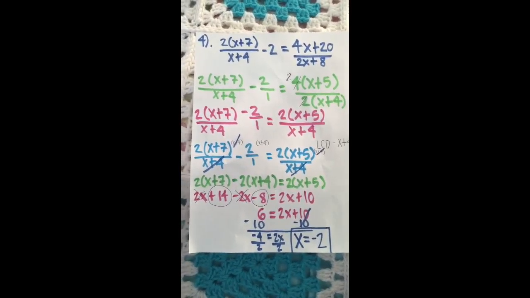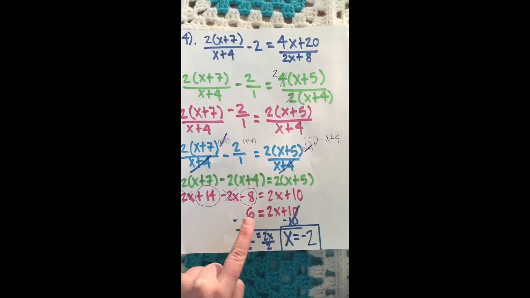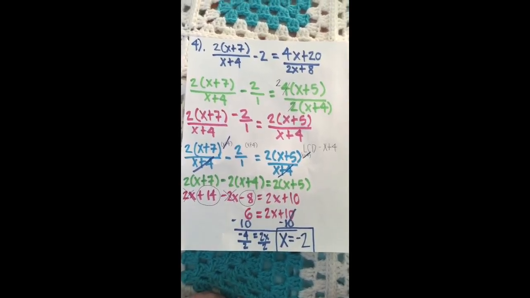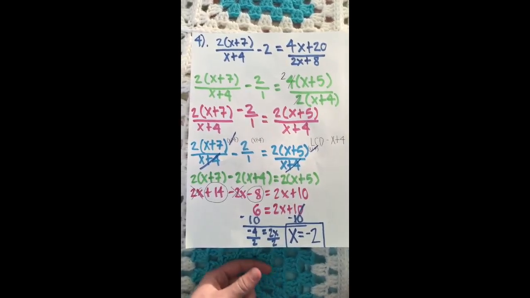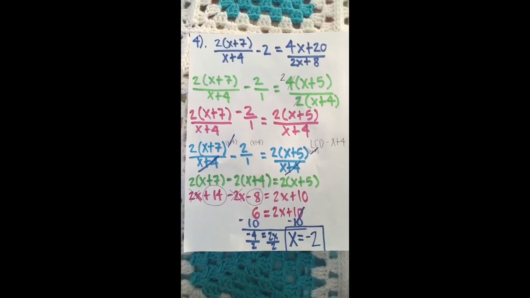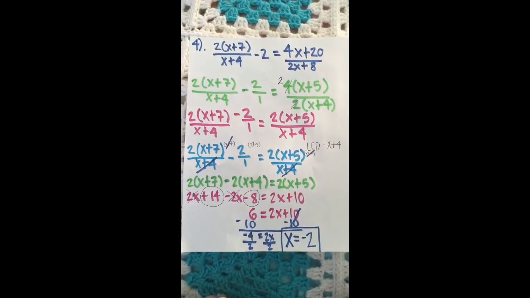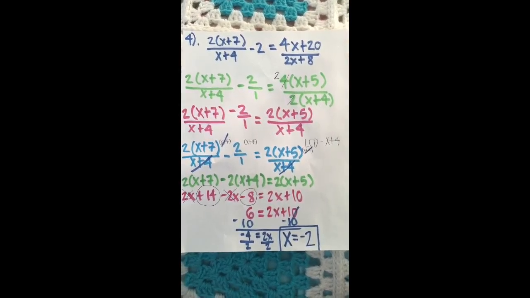Then you're gonna combine your like terms, and then after you do that, you'll get 6 equals 2x plus 10. And then you are going to get the x alone, and you're gonna end up with negative 2, x equals negative 2 because negative 4 divided by 2 is negative 2.